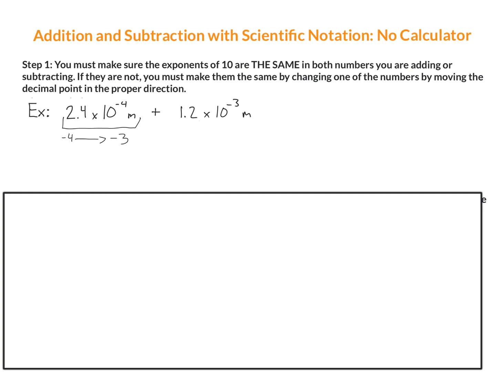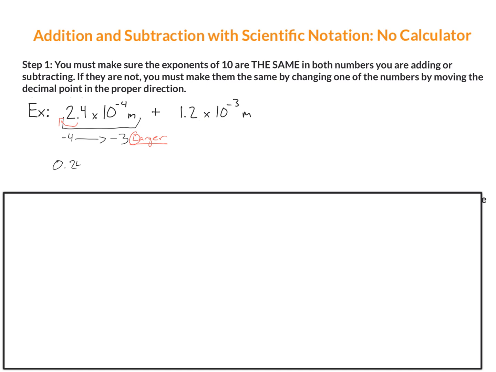Well, we're taking a negative number, negative 4, and are we moving it down the number line, or are we moving it up the number line? Well, we're moving it closer to 0, so that's making it larger in value, right? So that is a leftward motion of our decimal point. So if that's a leftward motion of our decimal point, then that's what we're going to do to change our number. So this is going to become 0.24.